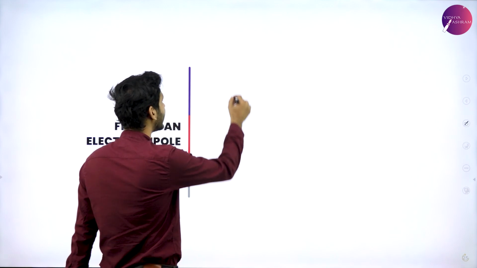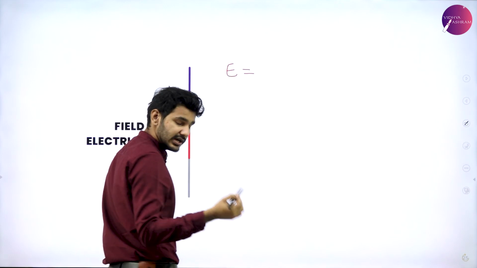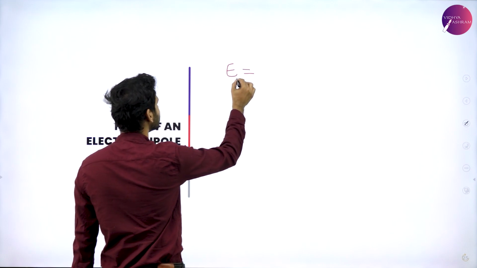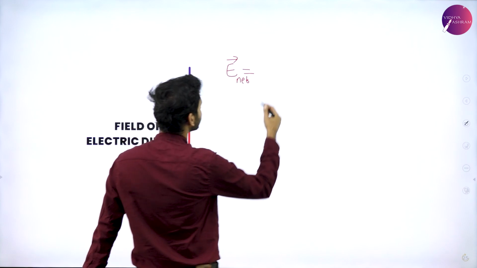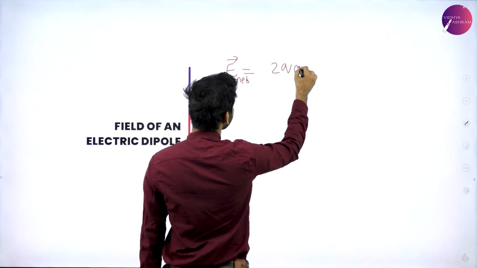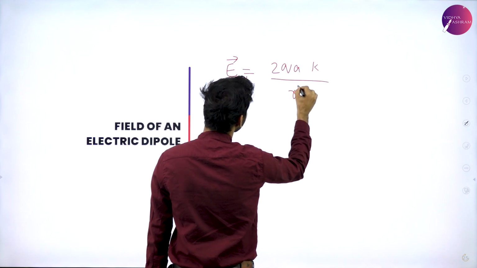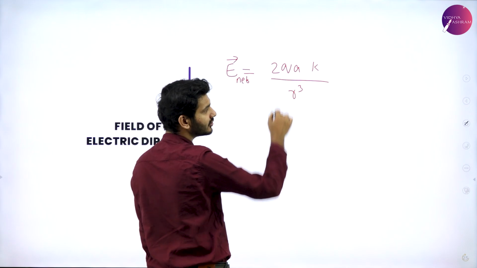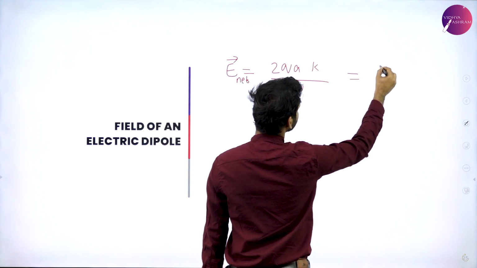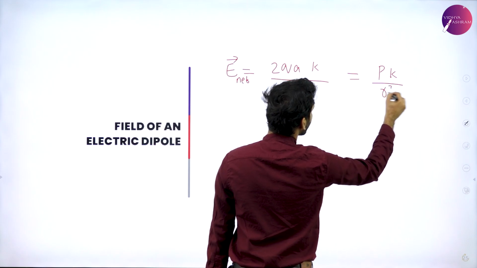So we can write the final form of the equation as E total or E net is equal to 2QA into K divided by R³. So we already know that 2 into A into Q is nothing but P. So we can write this as PK divided by R³.